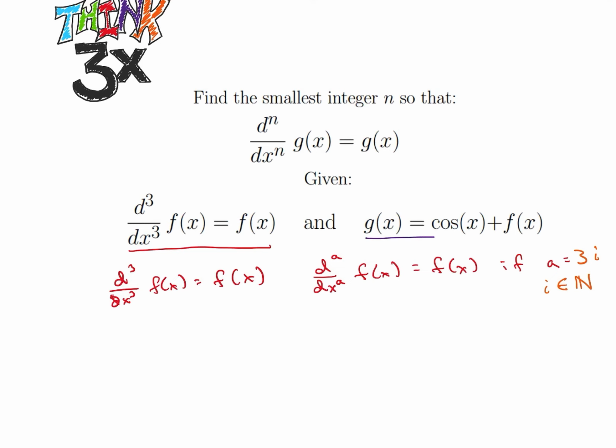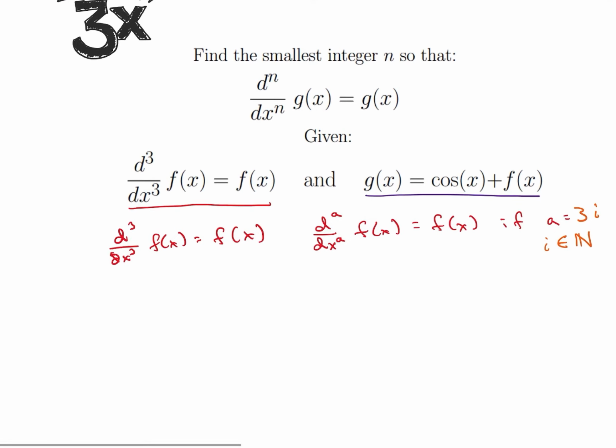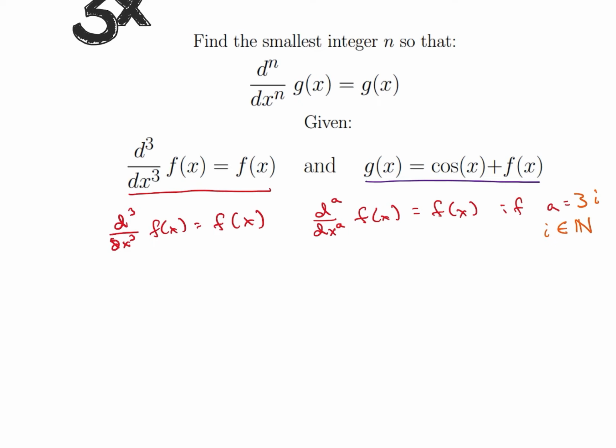If I look at my second equation here, I notice that I have cosine of x plus f of x. So let's look at the function cosine of x. If I take the derivative of cosine of x, that's equal to negative sine of x. If I take the second derivative of cosine of x, that's going to give us negative cosine of x.